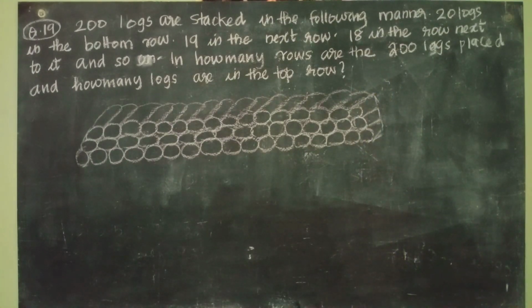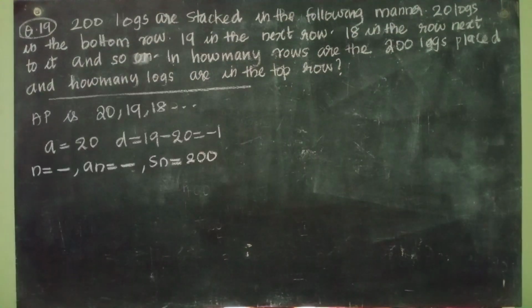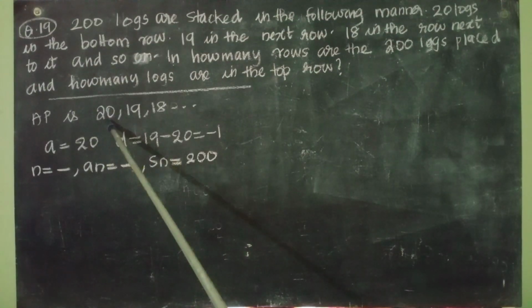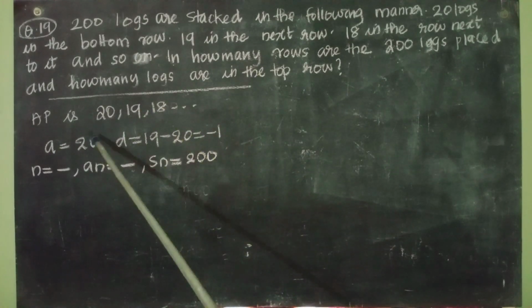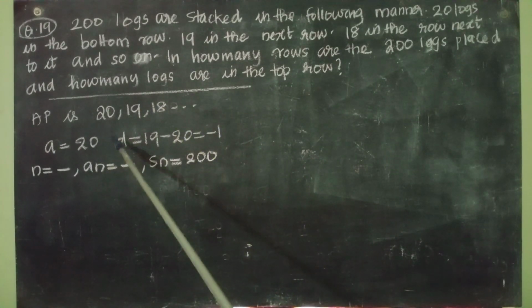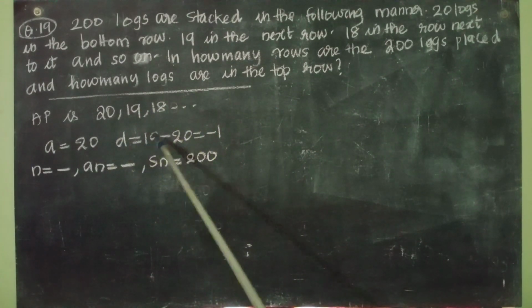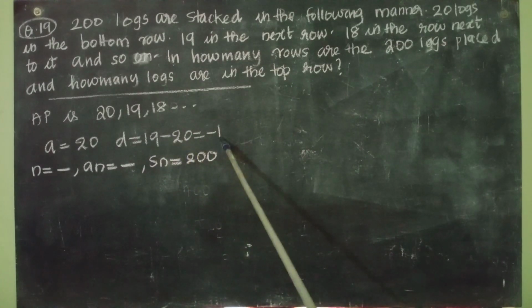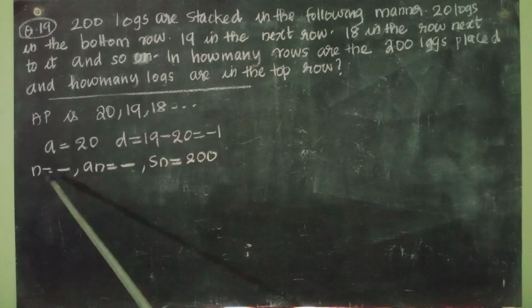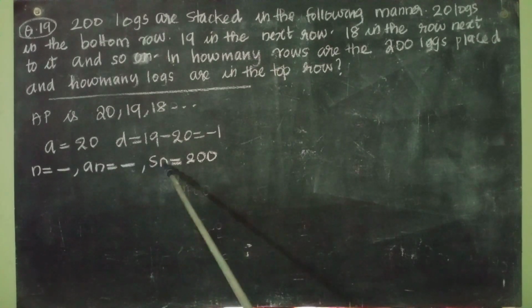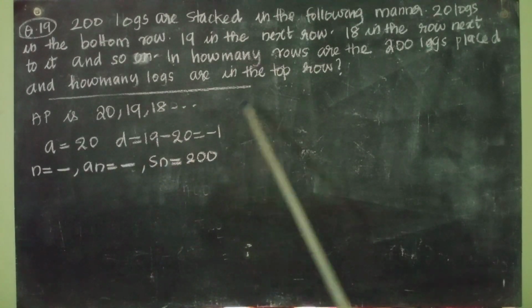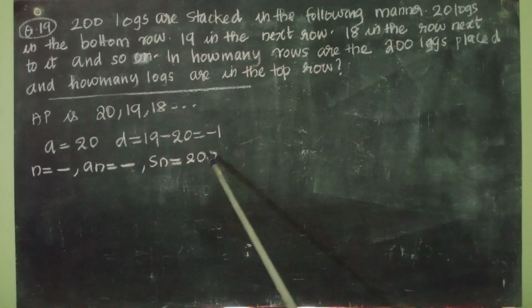So the AP is 20, 19, 18, etc. a equal to 20. d equal to 19 minus 20, that is equal to minus 1. n we need to find out, an also we need to find out. The sum Sn is given. There are 200 logs, therefore Sn equal to 200.